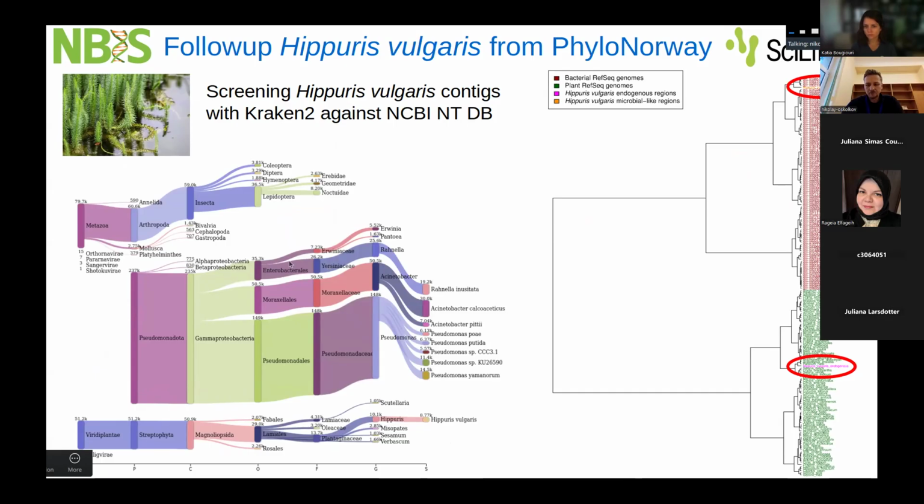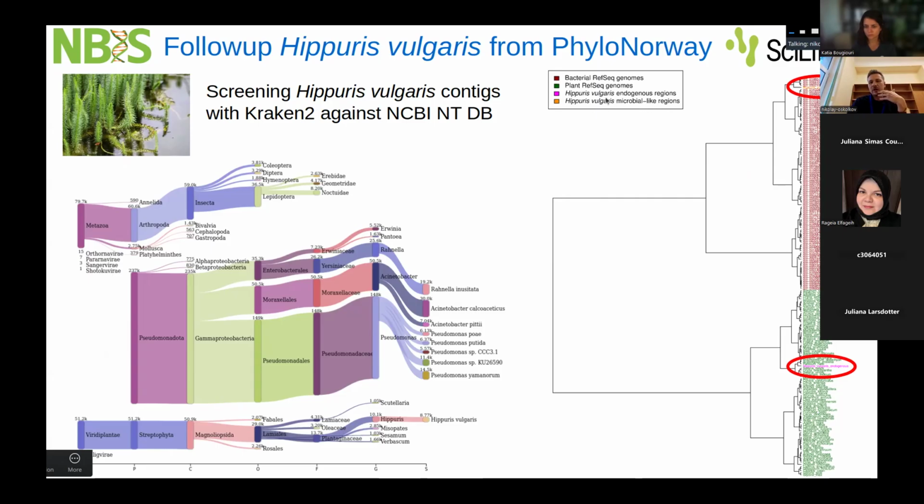Since we can compute pairwise k-mer distances between different regions of Hippuris vulgaris, we tried to project the nucleotide sequences coming from endogenous Hippuris vulgaris regions and microbial-like Hippuris vulgaris regions.